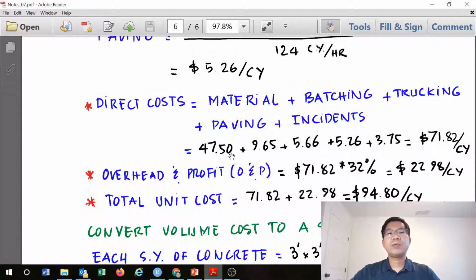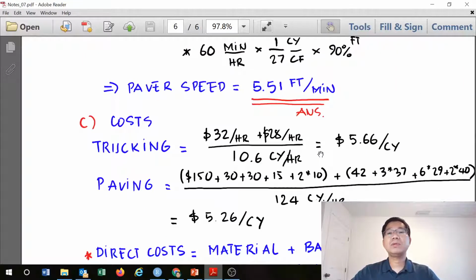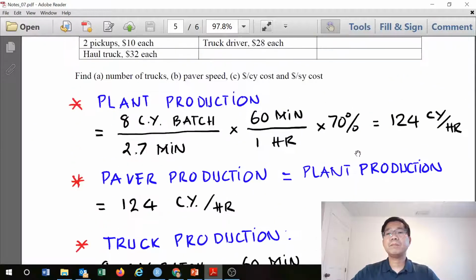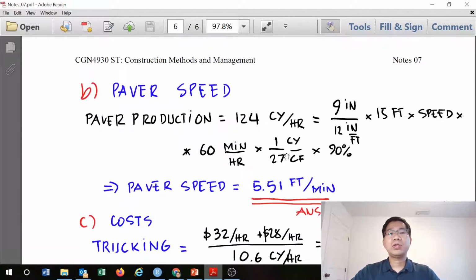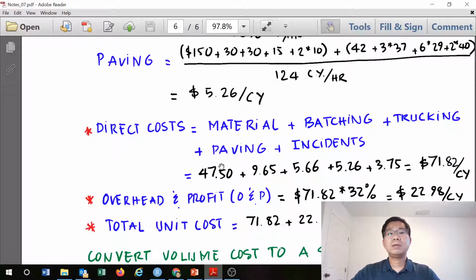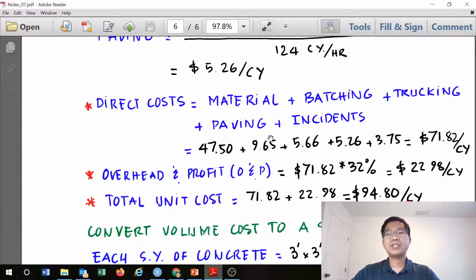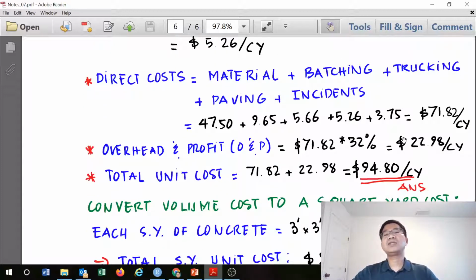So we have the material given in the table, batching, trucking, paving, and 3.75 for the incidental. So we have a total of $71.82 per cubic yard for the direct costs.